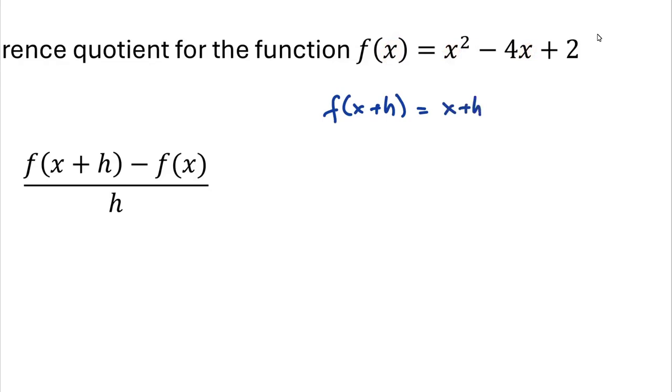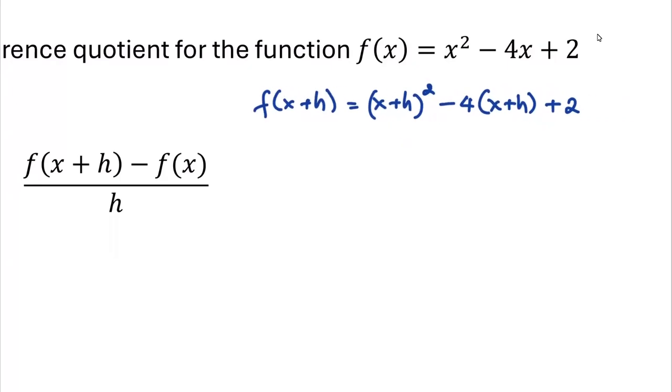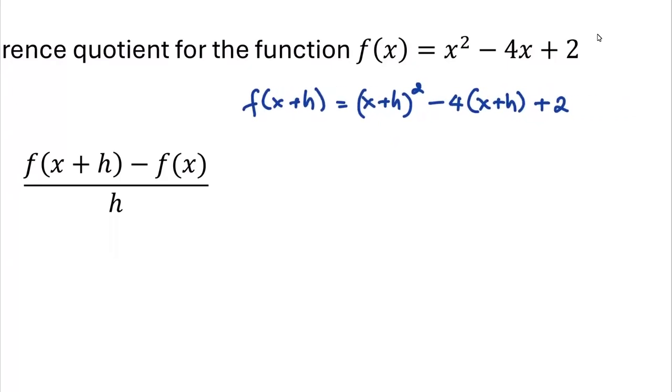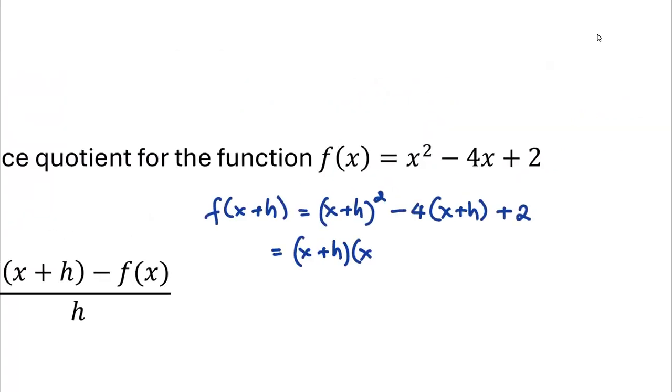So I get x plus h squared, minus 4 times x plus h, plus 2. All right, simplify here. I think I need a bit more room, so let me move it. With the x plus h squared, you can do the FOIL by getting x plus h times another x plus h.